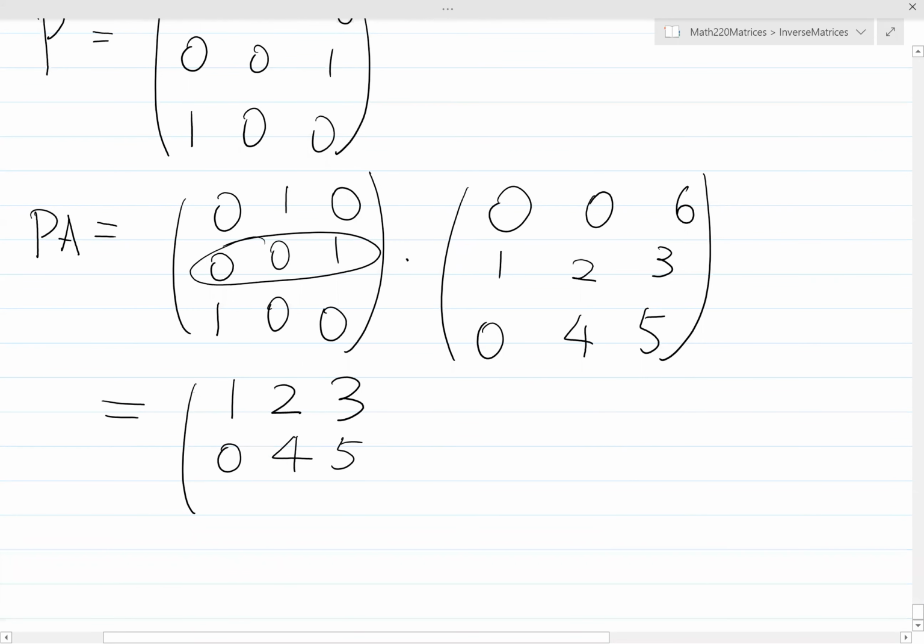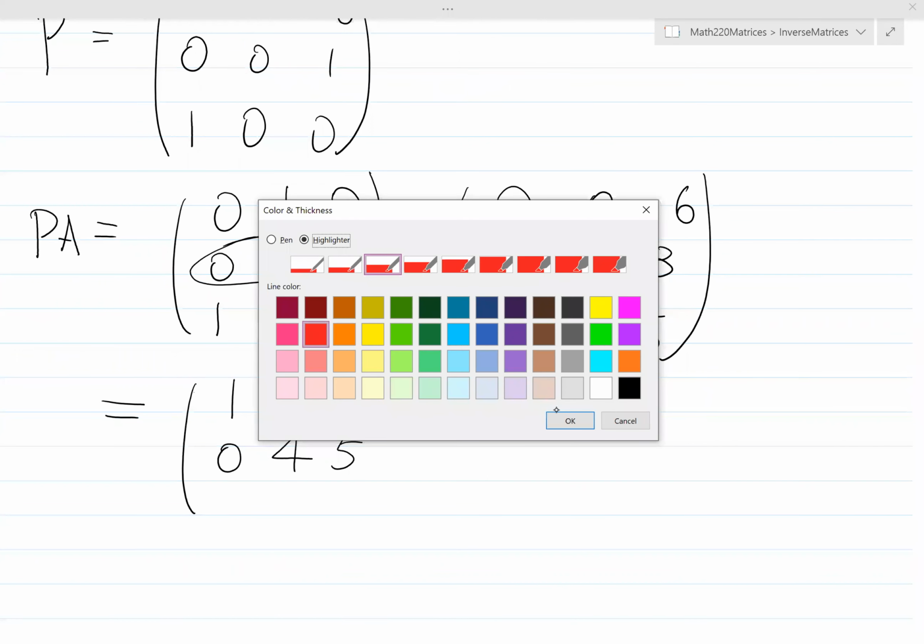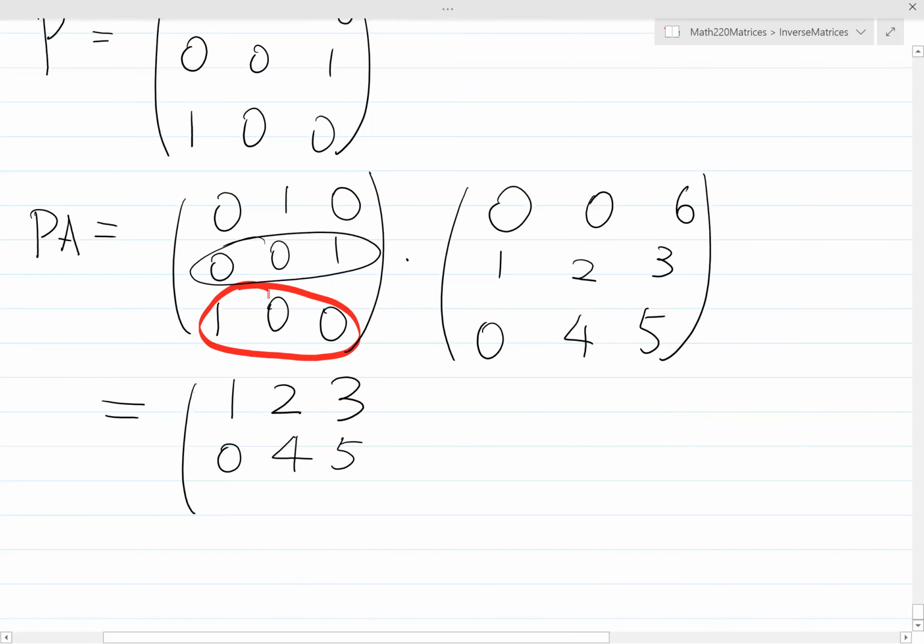Now we use the third row, 1, 0, 0. Times the first column, you get a 0. Times the second column, you get 0. Times the third column, you get the first entry, which is 6.